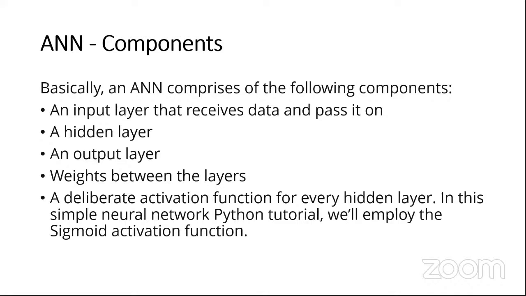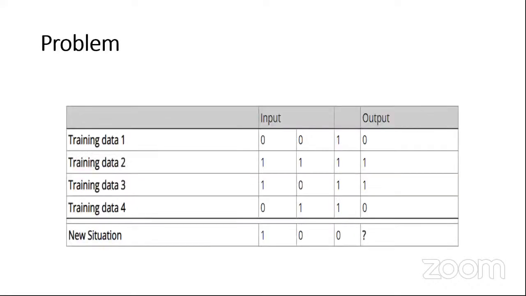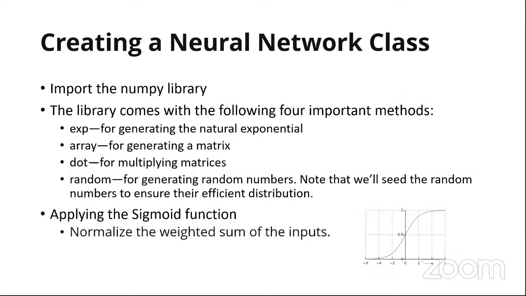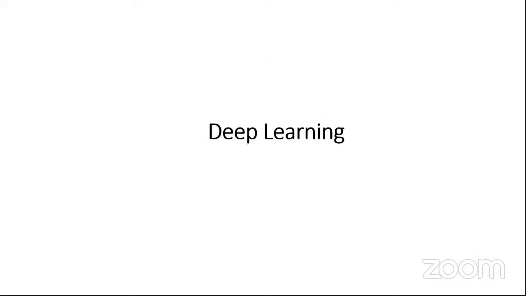The weights between the layers are used for giving proper weightage to the inputs and the hidden layer intermediate outputs. We saw this example for training on particular data and getting the testing result in the corresponding situation. So we saw how to create a neural network class and train the model.